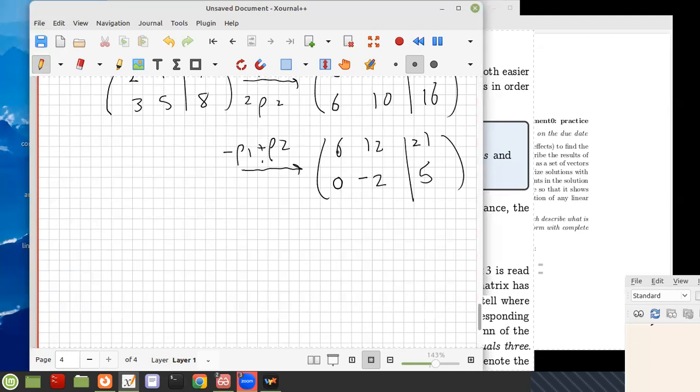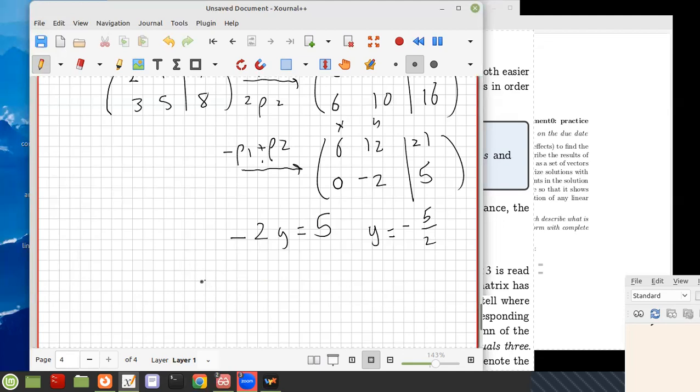So this is the x column, the y column, so both variables are leading. Now we can translate this back to equations. The second equation here is minus 2y equals 5. There's not a contradiction. You're not saying minus 2 equals 5. It's minus 2y. So therefore, y equals minus 5/2.